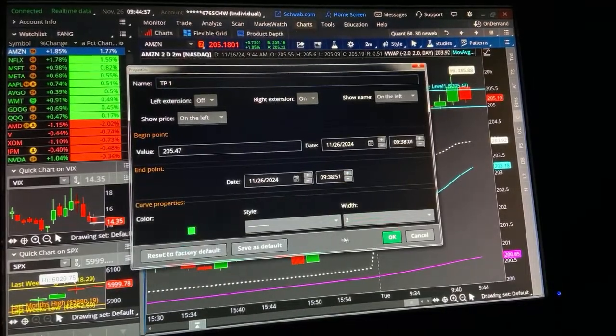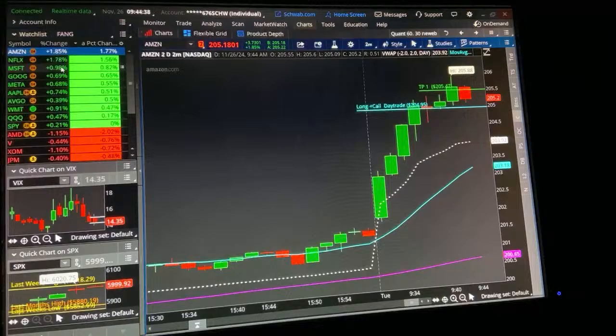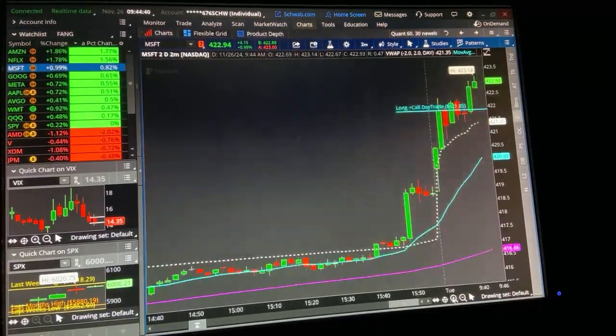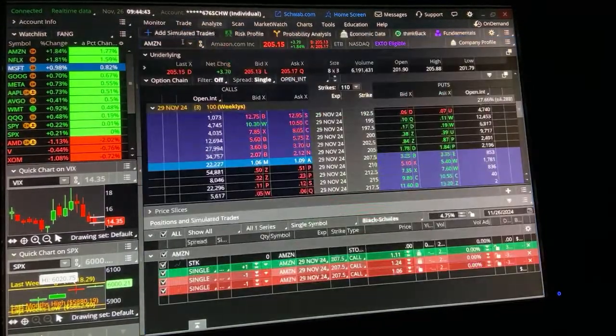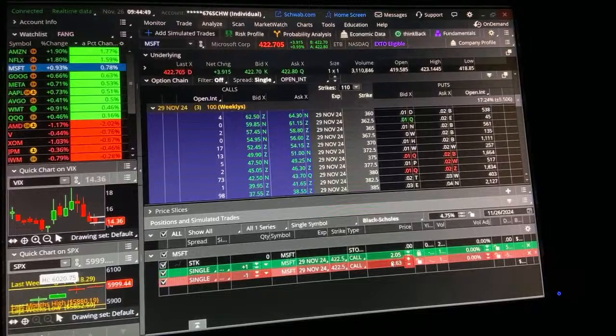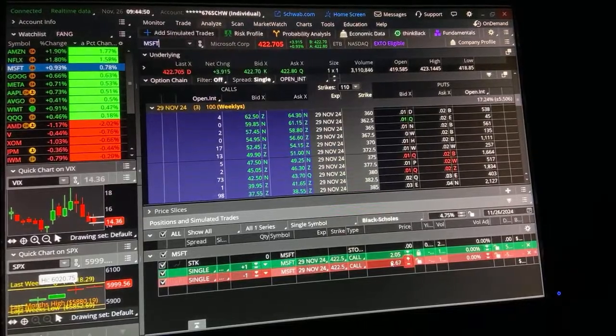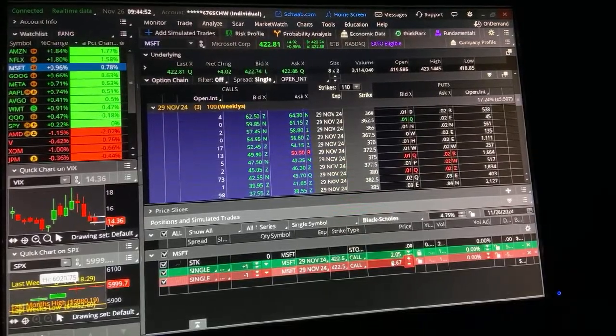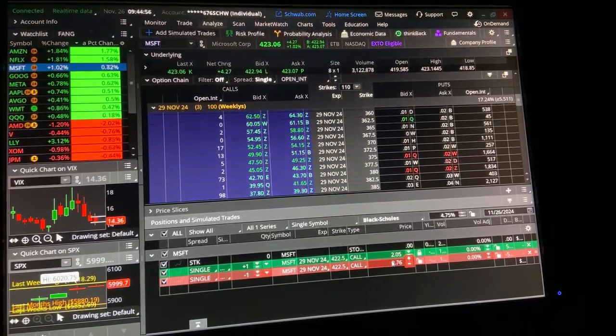TP Timmy 1, boom, boom. Let's see. Microsoft, new high. Let's TP some here. All right, 205 to 260 here. TP some on Microsoft, take profit. No, not before Thanksgiving.